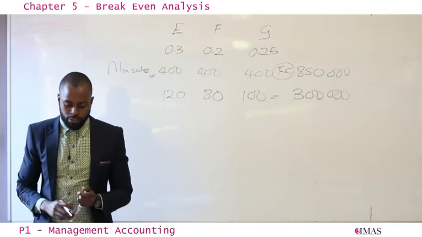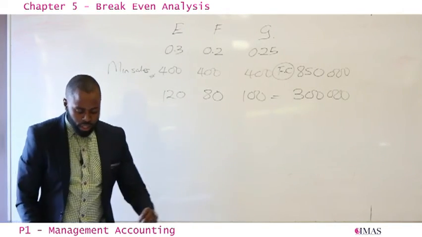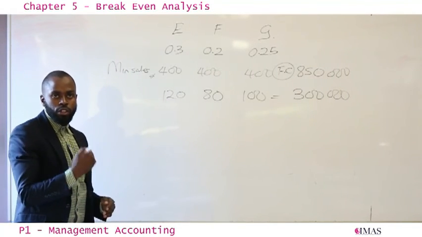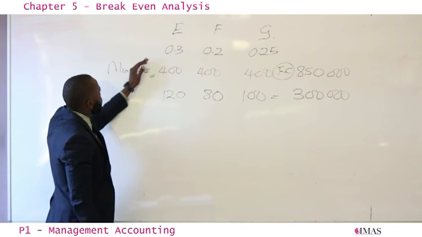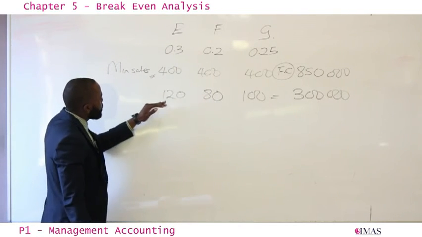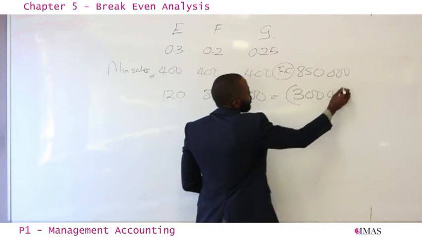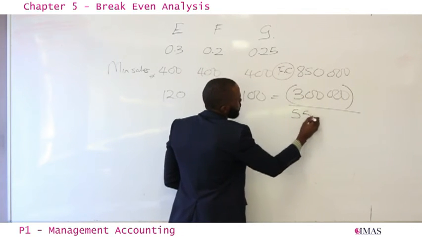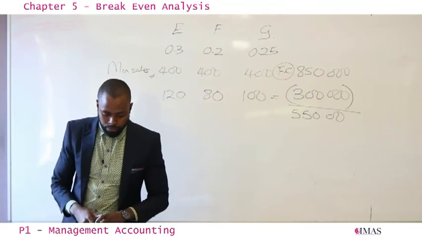I'll repeat this. In this question, we're told to make an assumption that first we have to sell the minimum sales value, which is 400 of each. If we sell 400 of E, F, and G, E will contribute 120, F will contribute 80, G will contribute 100. That will reduce our fixed cost, so the fixed cost remaining will be 550,000.